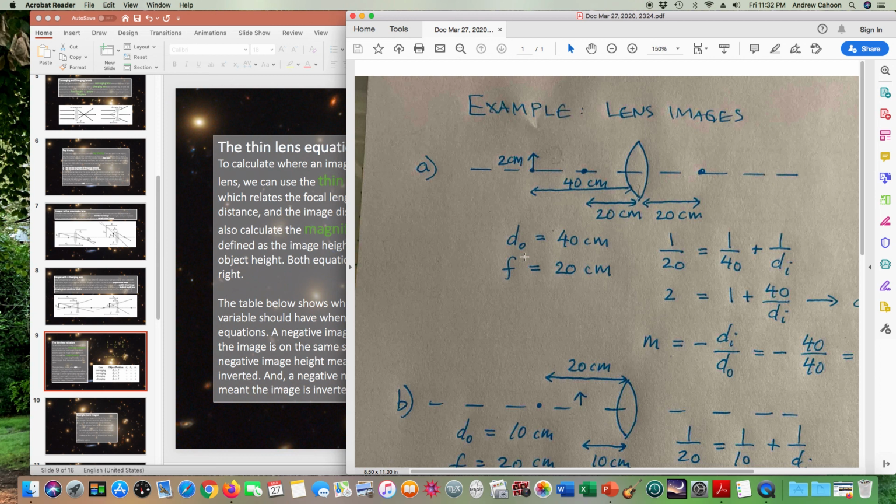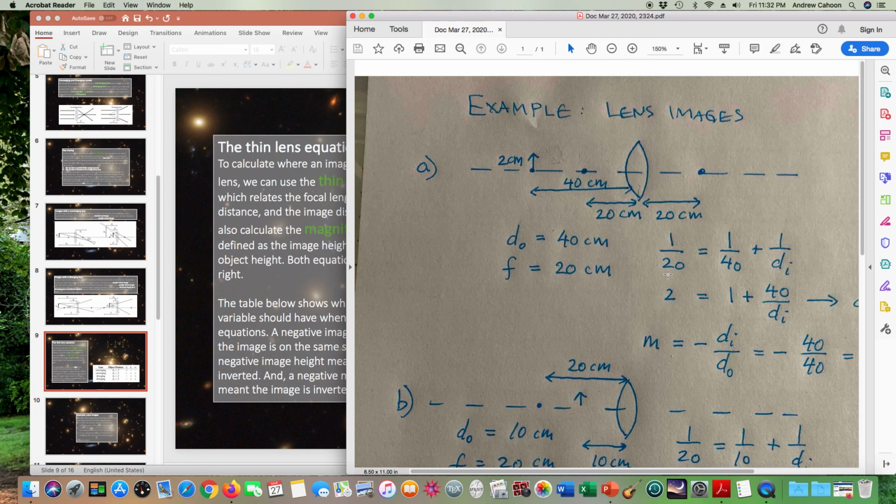Okay, so object distance is 40, focal length is 20. That means I have 1 over 20 equals 1 over 40 plus 1 over d_i. Because the numbers here are nice round numbers, the quickest way to solve it, from my perspective, is to multiply through everything by 40.